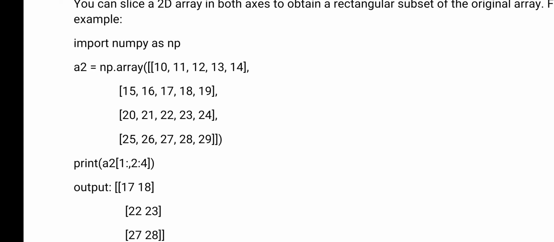In the second row, the index of 15 is 0, of 16 is 1, of 17 is 2, of 18 is 3, of 19 is 4. So from the second row we are retrieving elements from index 2 to 4. So you will get 17 and 18. 19 is not included. Okay, 4 you have given, that is not included.